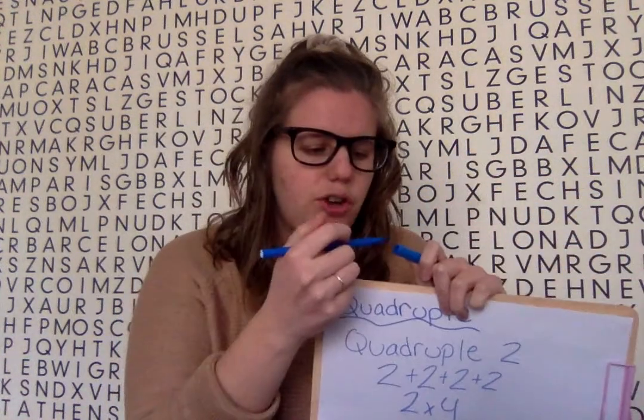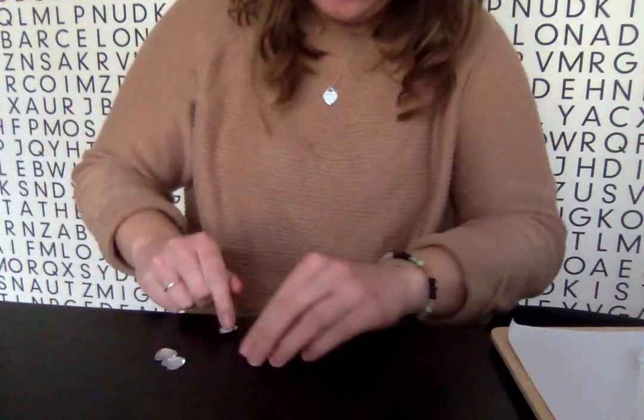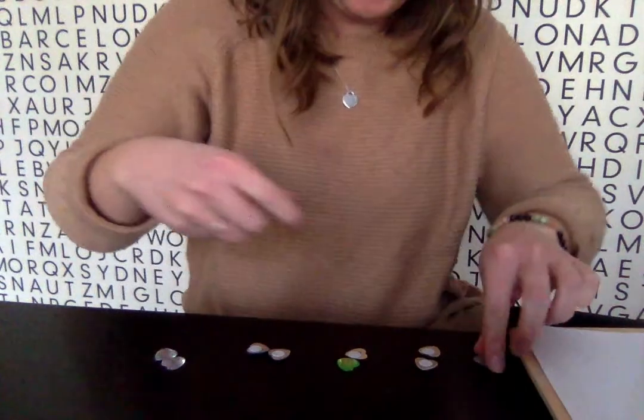So very good job. We can now look at it with our gems. So let's get ready. We are going to now make 4 groups of 2. So let's look. We have 1, 2, 1, 2, 1, 2, and 1, 2.